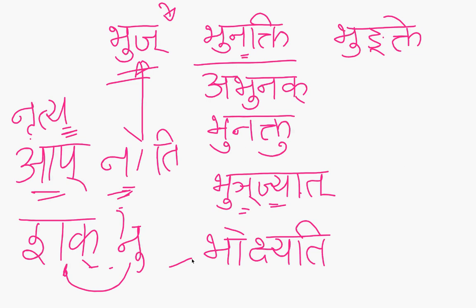Yuj dhatu is also there, yunakti. Hims dhatu is there, hinasti. So these are commonly used dhatus in this rudhadi gana also, whose forms are a little hard to remember, but it is a very interesting gana.